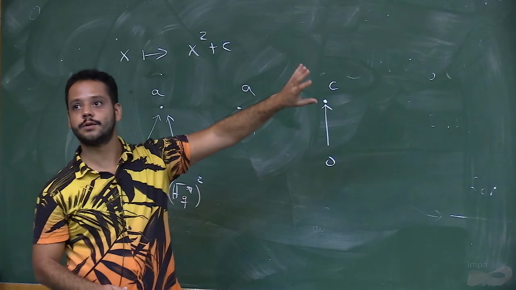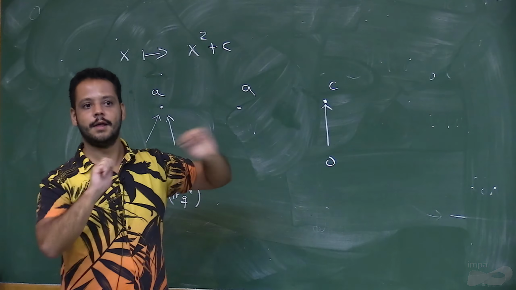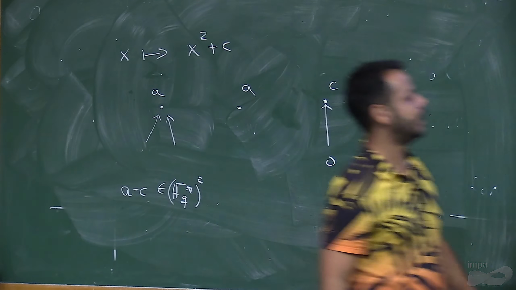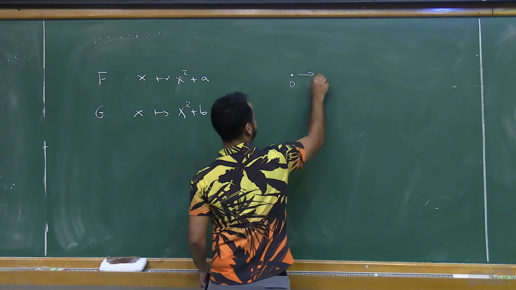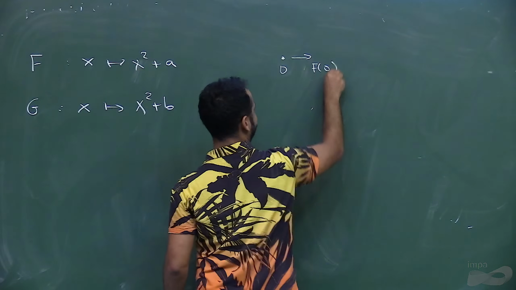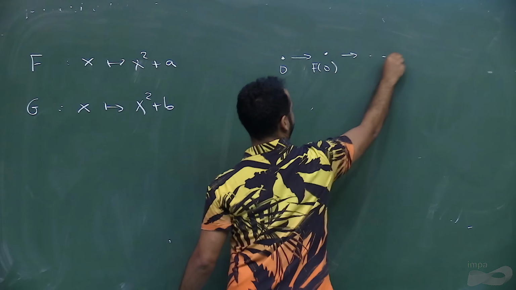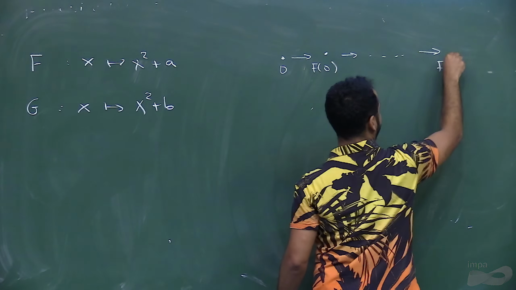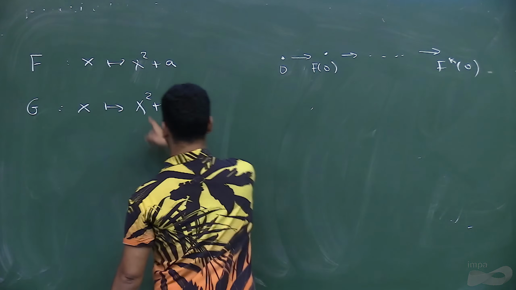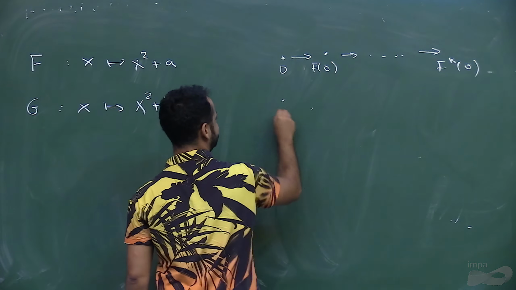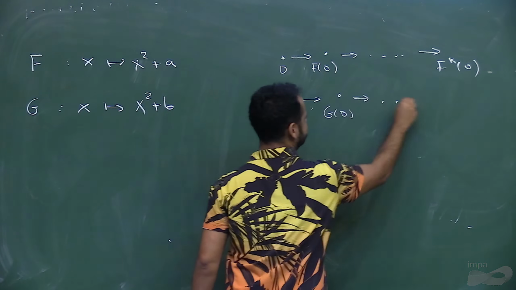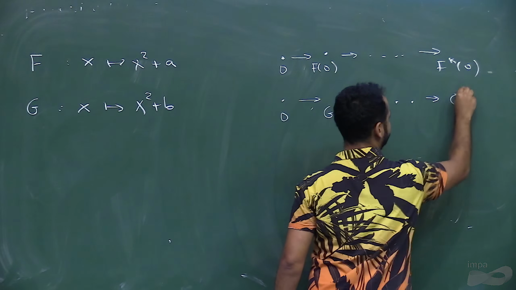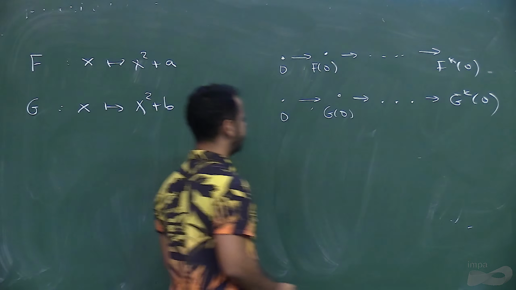So this happens only once in a graph. So if I have an isomorphism between the two graphs, they have to be mapped to each other, right? So here I would just have 0, and then f of 0, and so on, fk of 0. And then I do the same thing with G. I have here 0, G of 0, and so on to gk of 0, right?